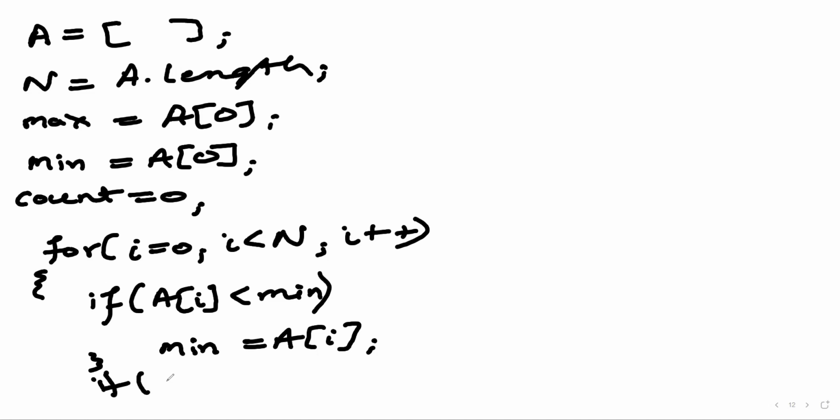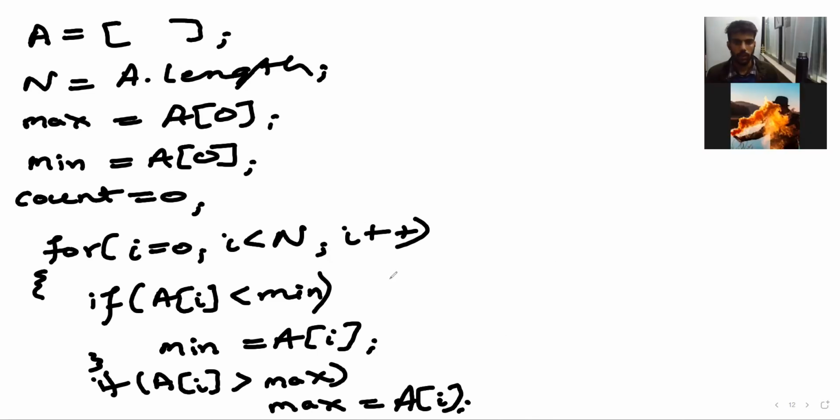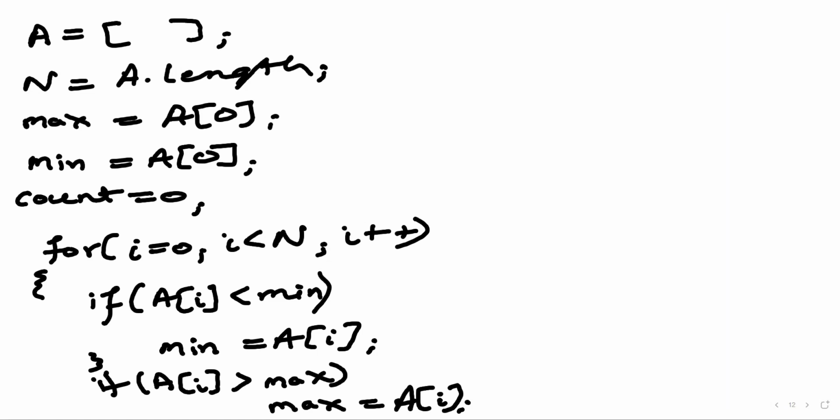Similarly, if a of i is greater than max, we would update the value of max. So running this loop would give us the value of maximum and minimum.